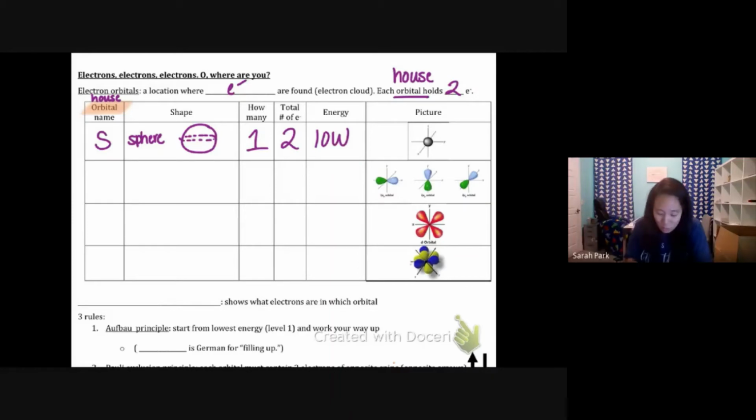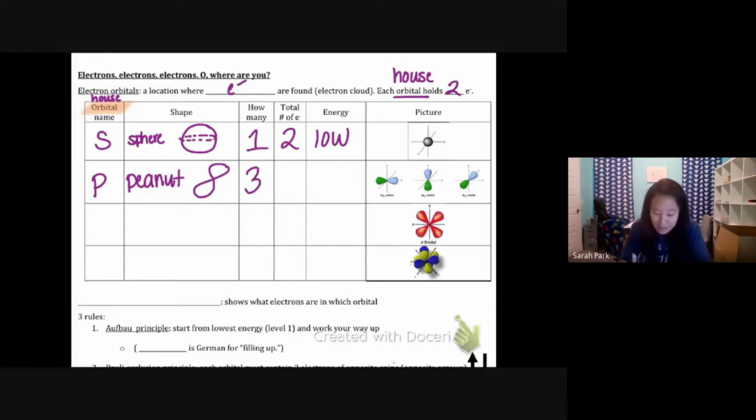After the s orbital, we have the p orbital. The p orbital is like a bigger house. It's shaped like a peanut, sort of like an infinity symbol. In this p orbital, or p house, there are 3 bedrooms.